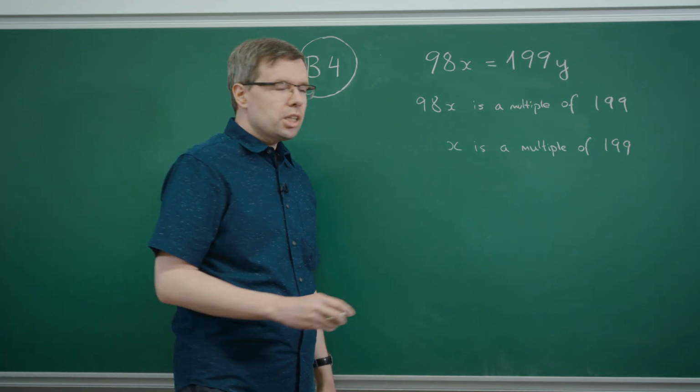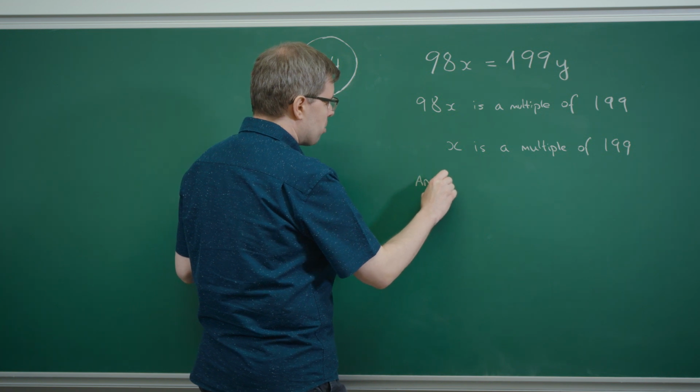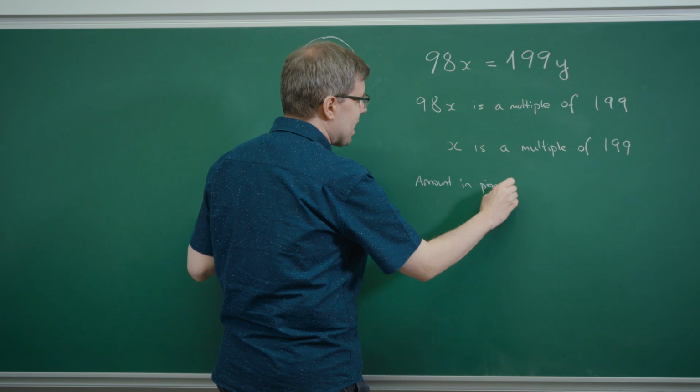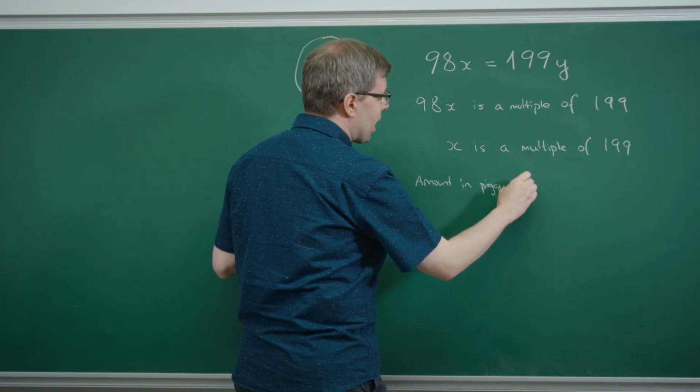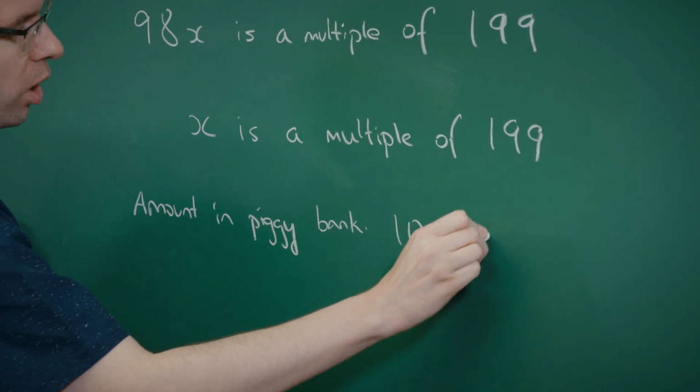At this stage, let's recall that the amount of money in our piggy bank is x pound coins and y pence, so 100x plus y pence.